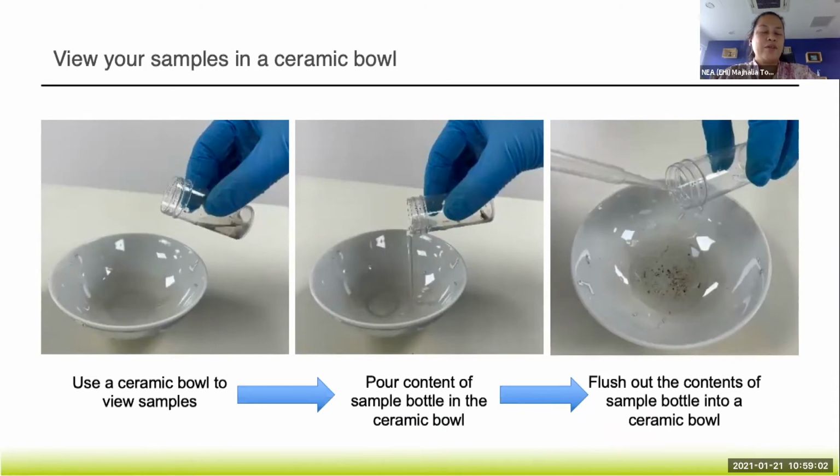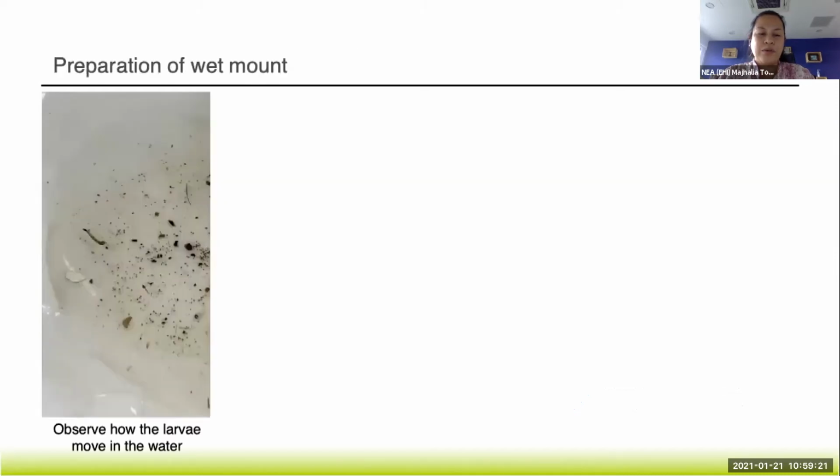So when you have your samples in a vial, pour your sample into the bowl and make sure you flush out all contents from your sample vial and make sure that no smaller larvae is left inside. This way, you can view how your sample will swim in the water.